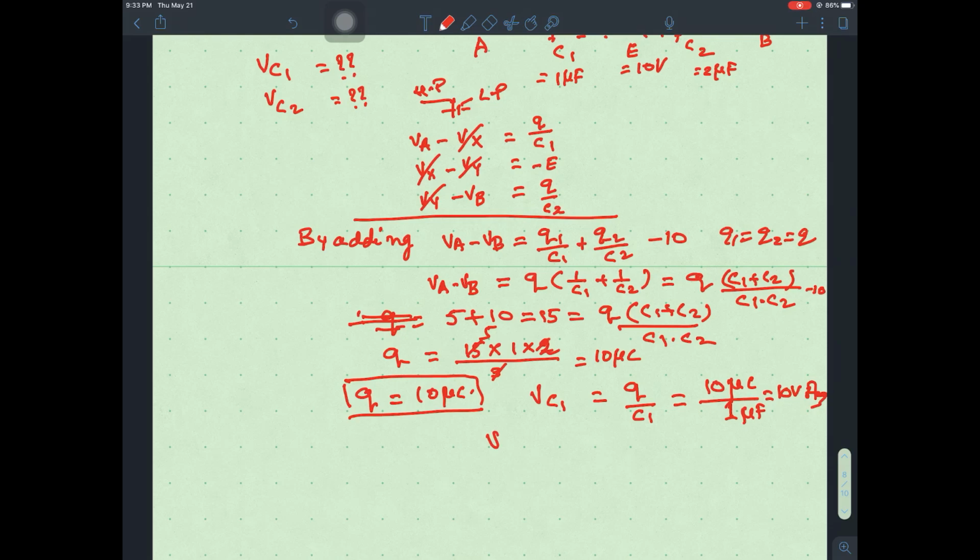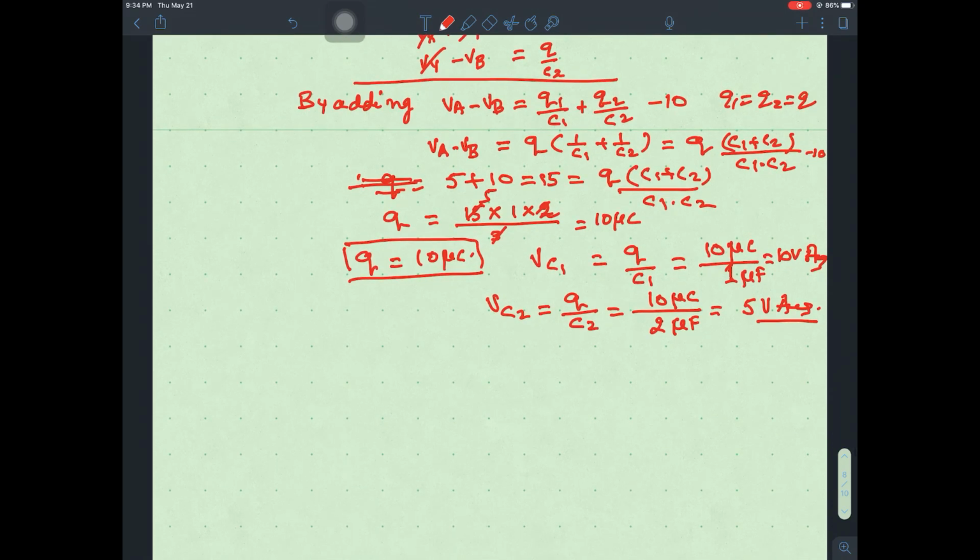And the potential drop across the capacitor C2 equals Q by C2, that is 10 microcoulomb by 2 microfarad, that is 5 volt. This is your answer.